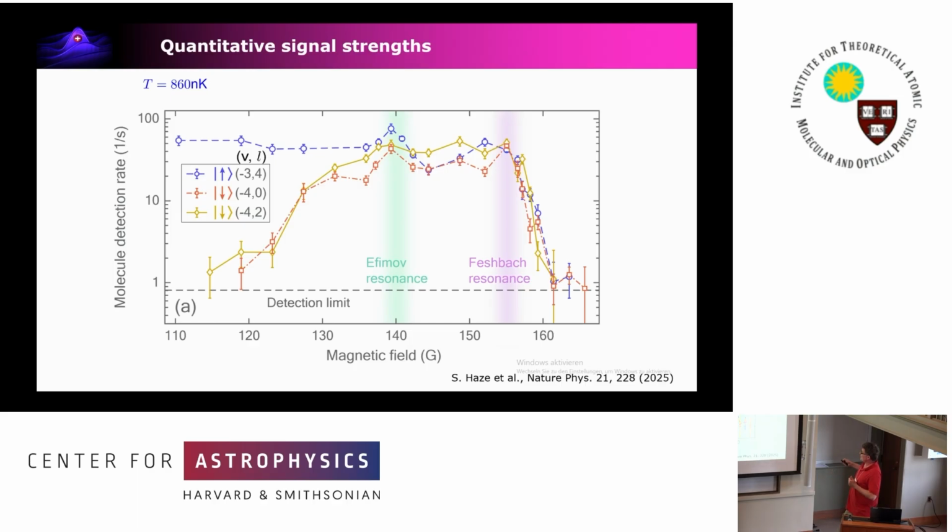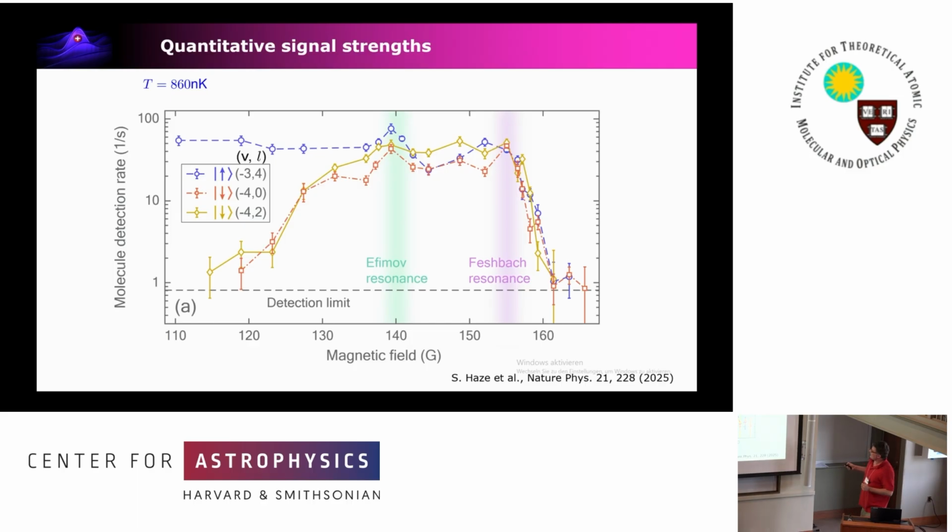Here is, by the way, the Feshbach resonance, and here we have an Efimov resonance. You see a little bit of a local maximum, but the Efimov resonance is not a good resonance for this control that I was talking about. You really need the Feshbach resonance, because the Feshbach resonance does the spin mixing, the Efimov doesn't.